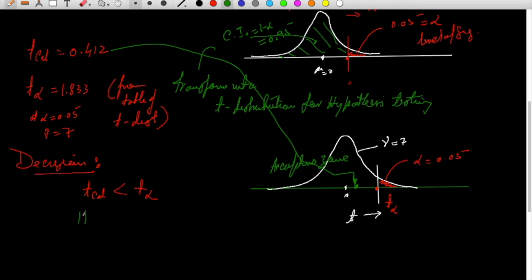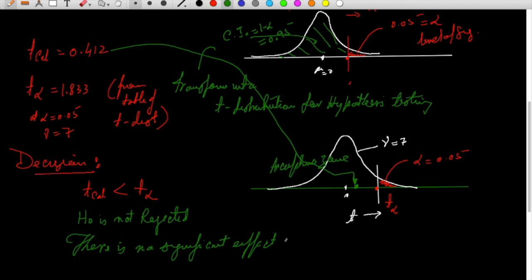So that is why H0 is not rejected. When H0 is not rejected, then it means there is no significant effect of treatment. That was our one-tail hypothesis testing.